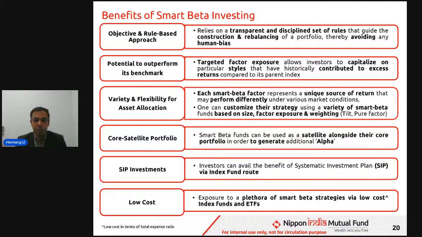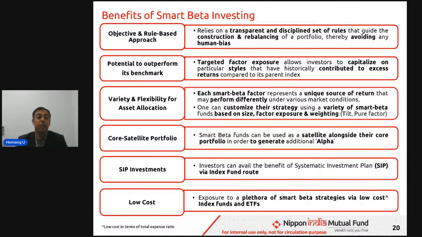In smart beta, because it is taking targeted exposure to a particular factor, it might be possible that the factor may not have any exposure to a particular sector. A few years back, for example, value did not have any exposure whatsoever to the financial services sector.